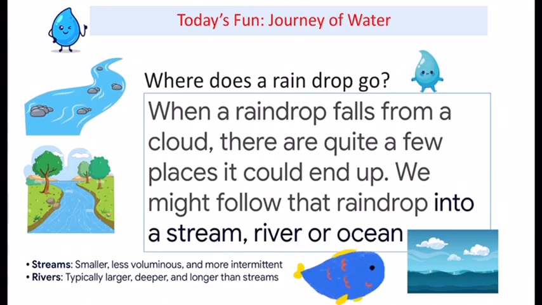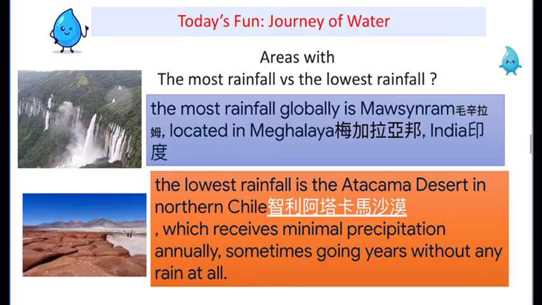We might follow that raindrop into a stream, river, or ocean. The most rainfall globally is in Mawsynram, located in Meghalaya, India. The lowest rainfall is in the Atacama Desert in northern Chile, which receives minimal precipitation annually, sometimes going years without any rain at all.